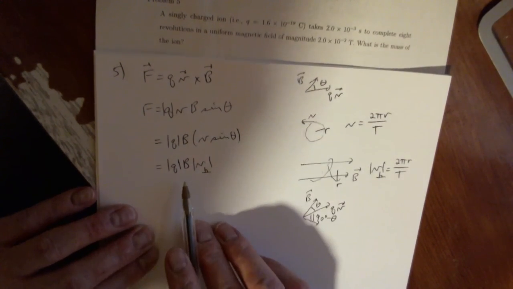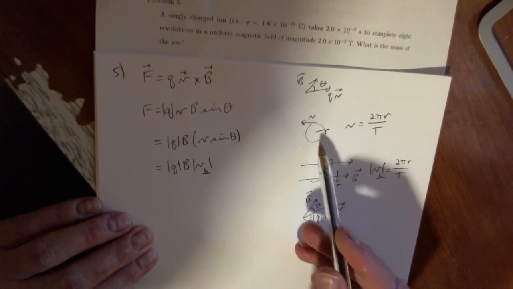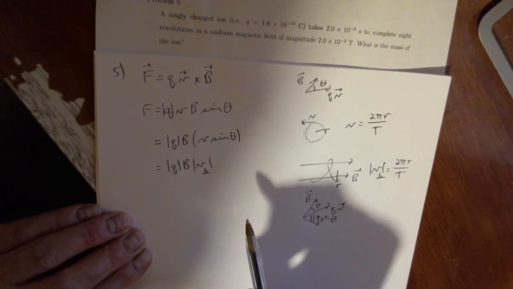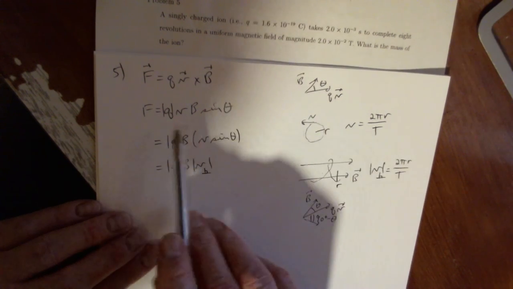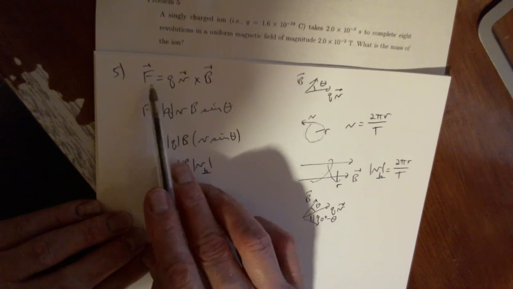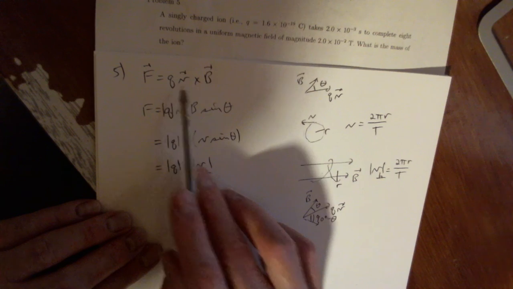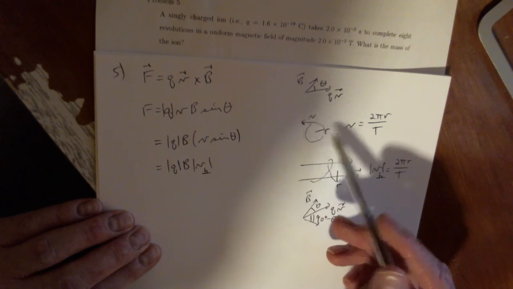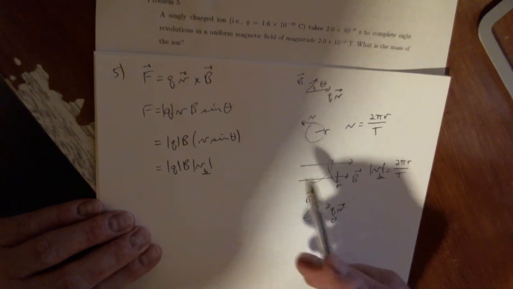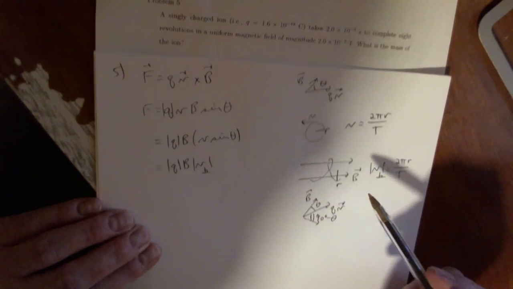This force is going to be the centripetal force because it points towards the center of the circle. It's perpendicular to the velocity because the force is a cross product of velocity and something else. So the force is perpendicular to the velocity. It's perpendicular to the B field because the B field is the other thing.